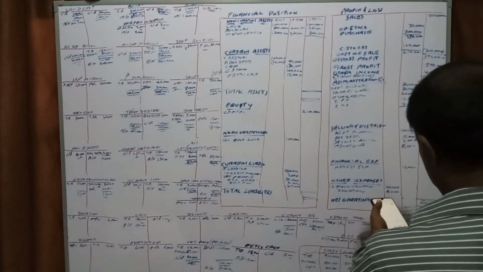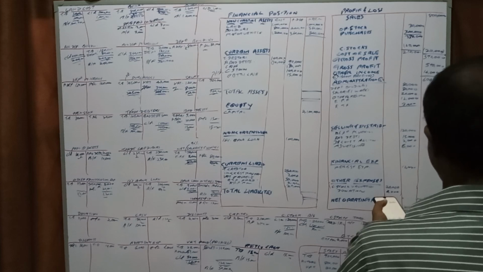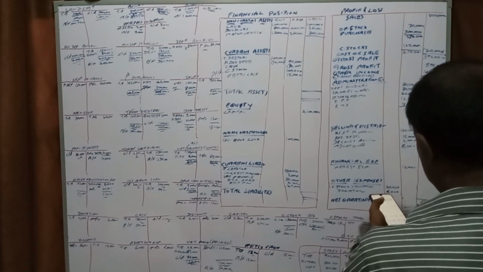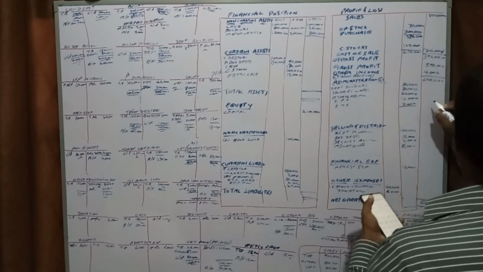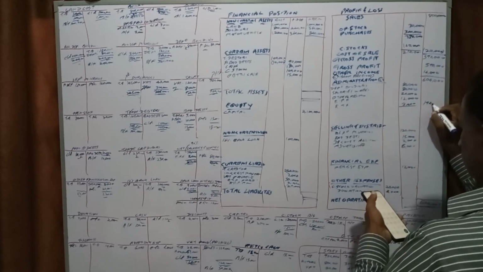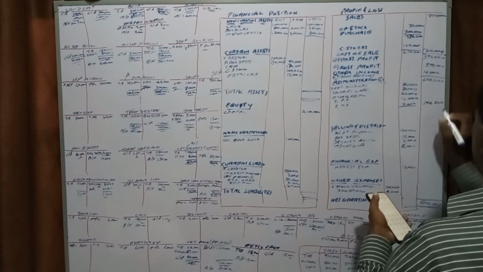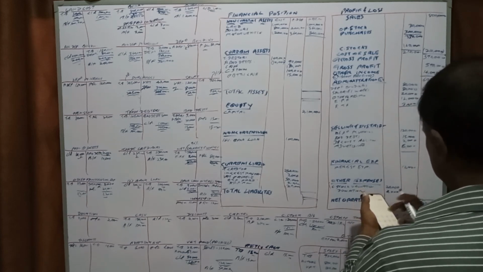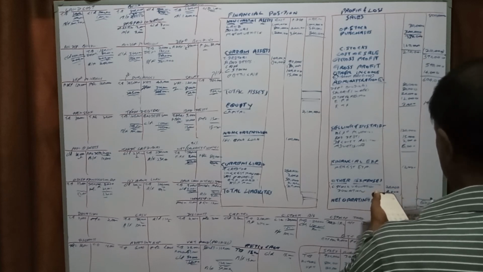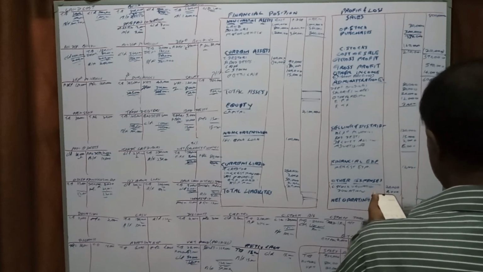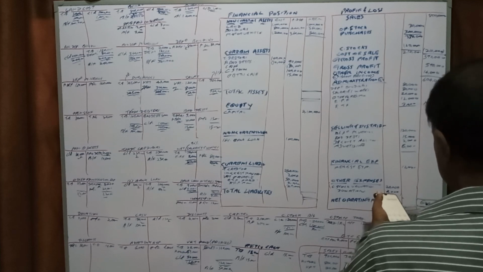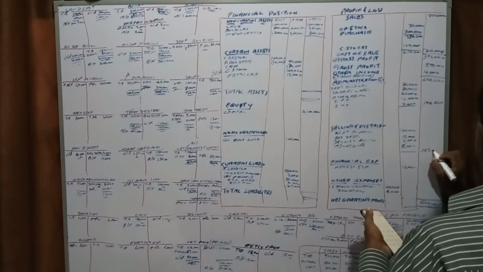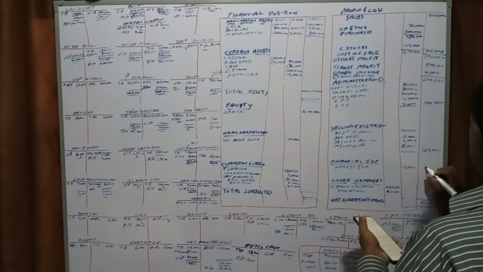Here if you add these amounts: 80 plus 80 plus 20 plus 12 plus 2.4, 194,400, right? Here if you add 120,000 plus 15,000 plus 2,000 plus 6,000, 143,000, right? Here 12,000.